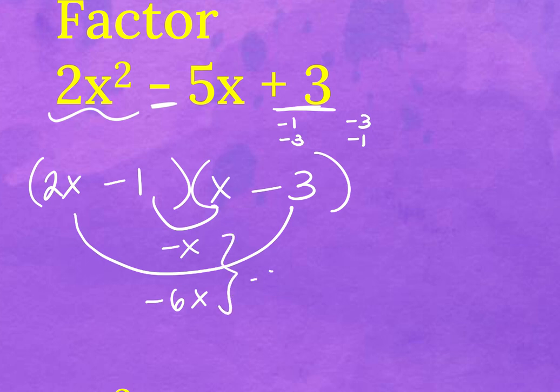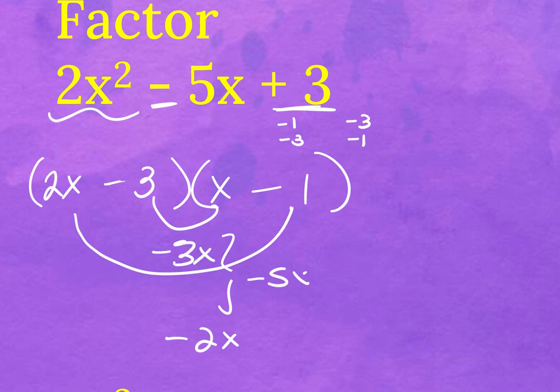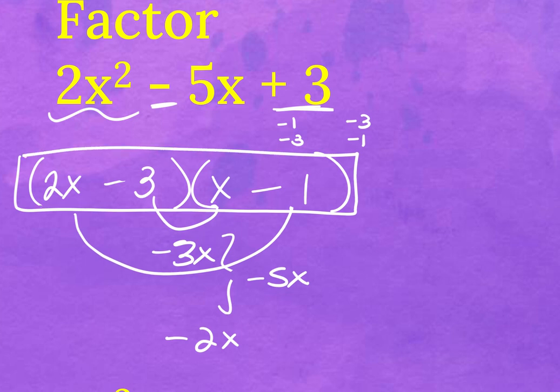That's -7x. Doesn't work. So I switch it. -3, -1, and I get -2x and -3x, and there's my -5x.